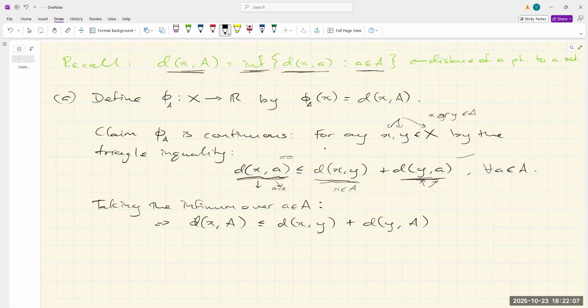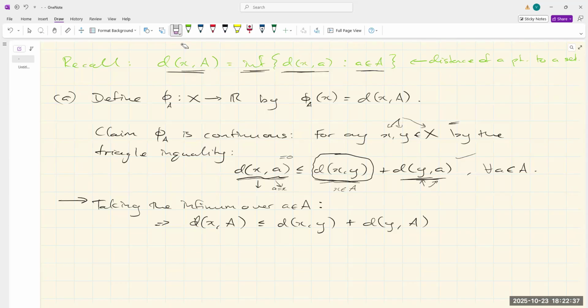So the inequality will be satisfied. Same thing with y. Okay, so yes, x and y can be elements of A, which means when you are taking the infimum over A, this term here can change. But if x or y happen to be in A, this inequality is satisfied.